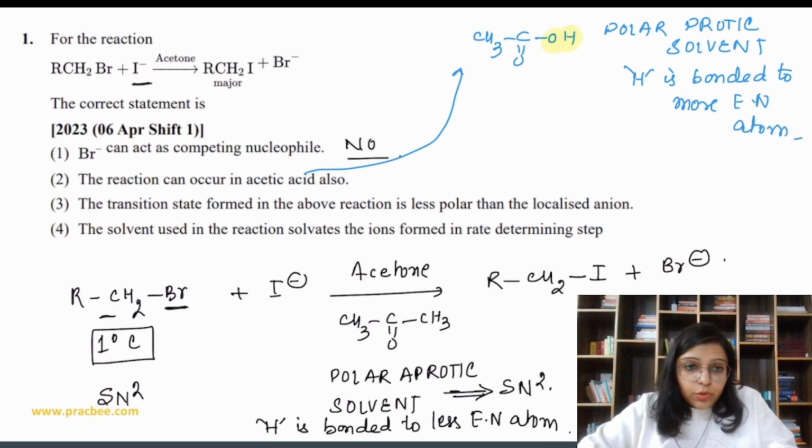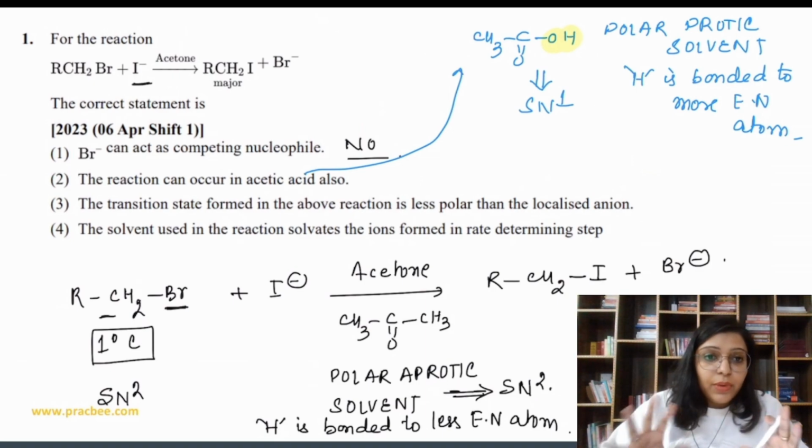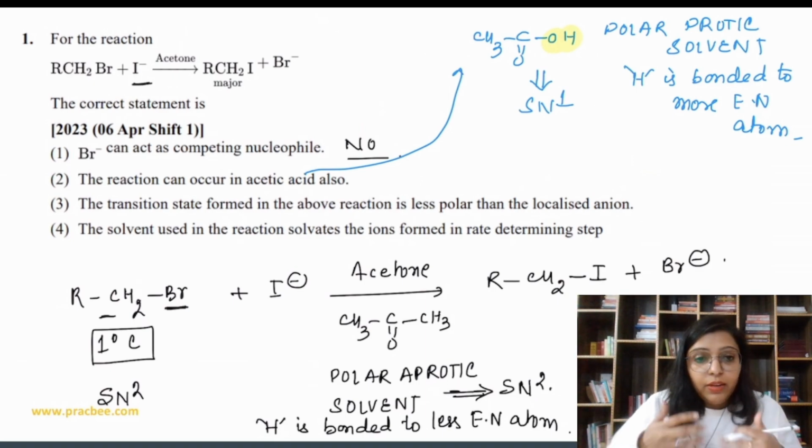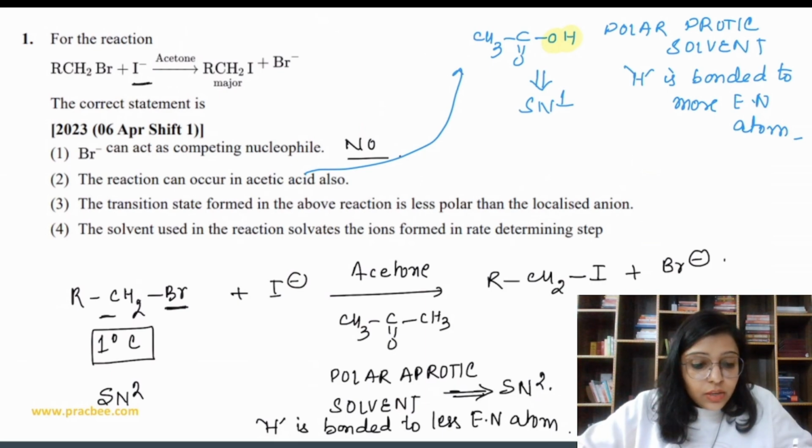And polar protic solvent favors the SN1 reaction. But it can favor SN1 only if some kind of rearrangement is possible. It means if somehow we can do rearrangement and get a more stable carbocation, then it is possible. Otherwise no.